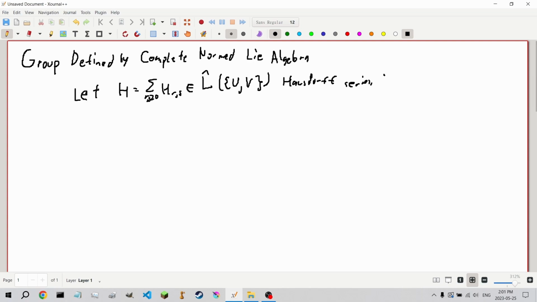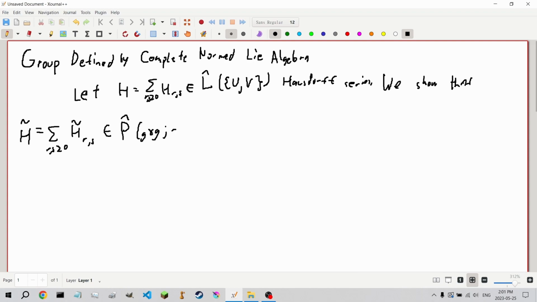We will show that the corresponding formal power series with continuous components, H tilde sub R comma S inside P hat of G times G on G, is convergent.